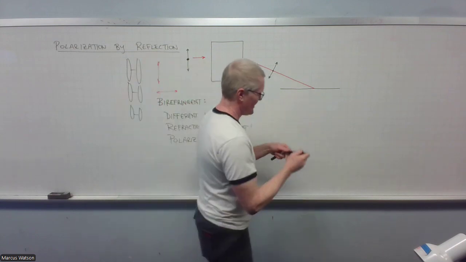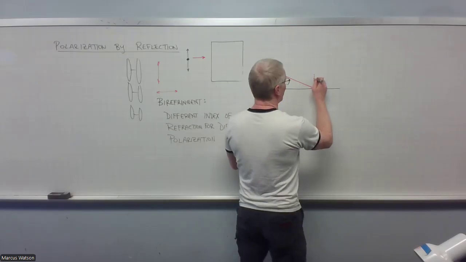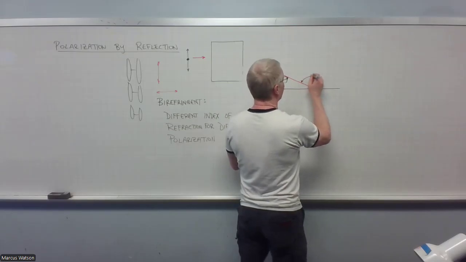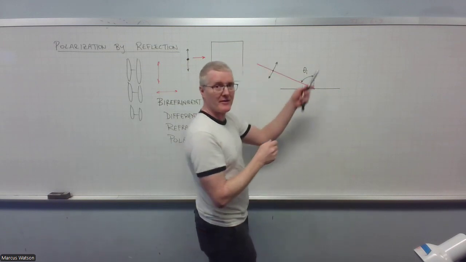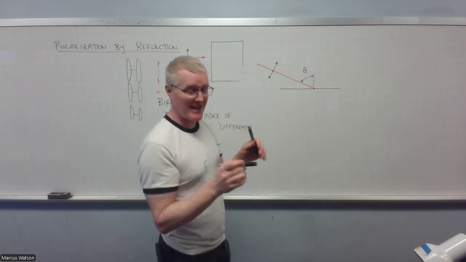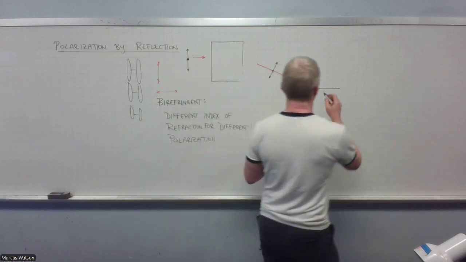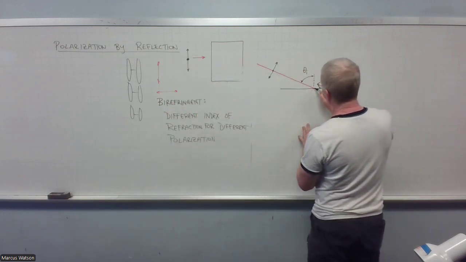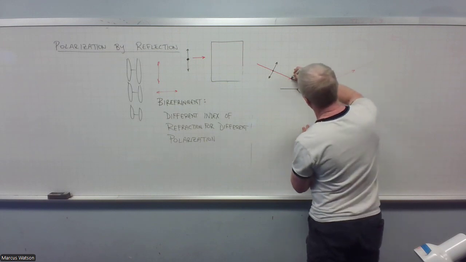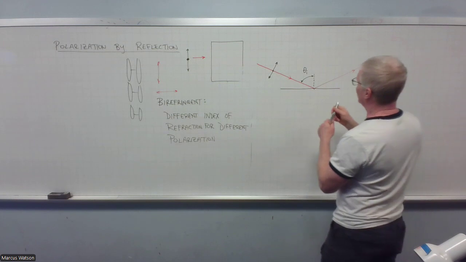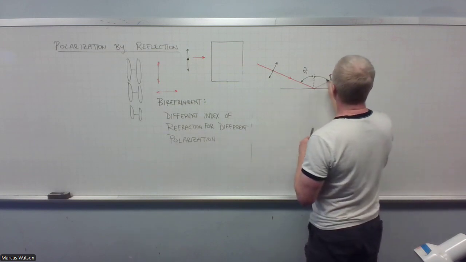We know that we would drop a normal onto this and say I've got an incident angle here, and therefore I have a reflected angle this way. Now suppose that this is the exact right type of situation here, where I've got incoming light that way and outgoing light this way at the same angle.